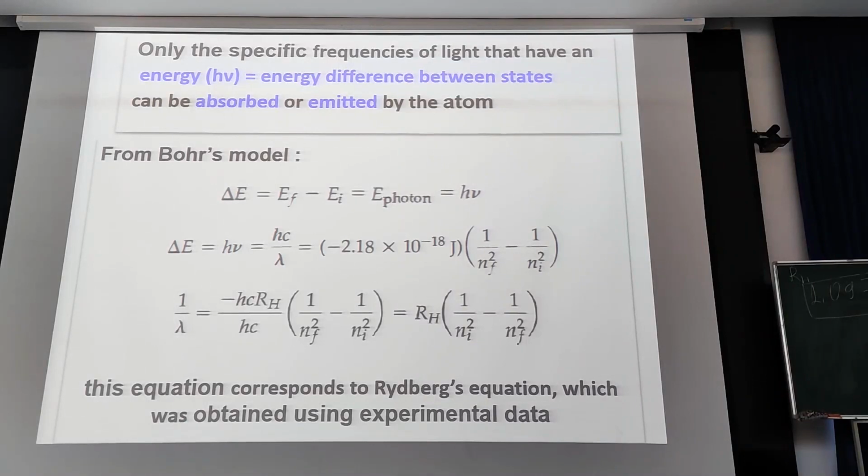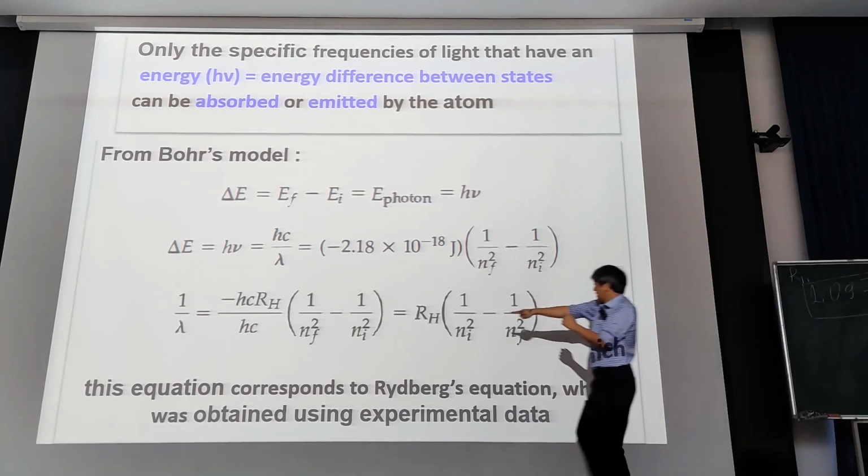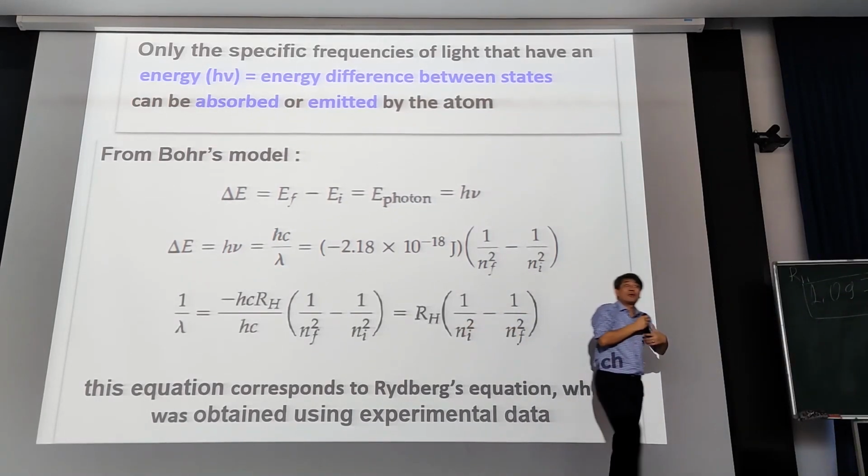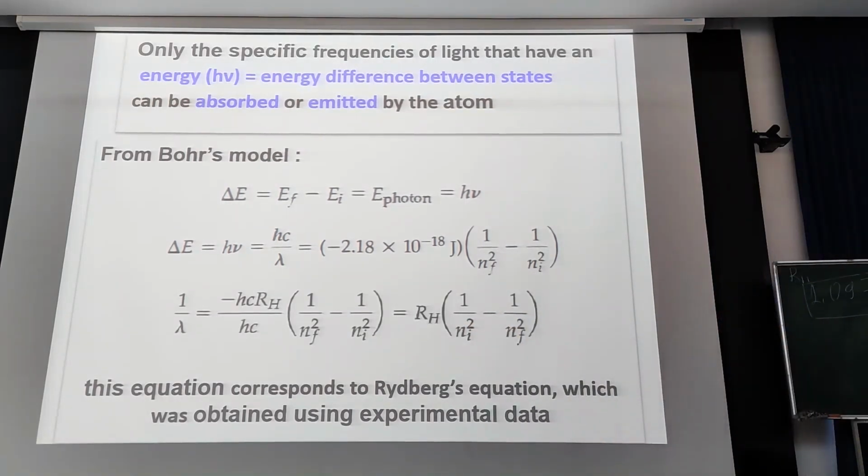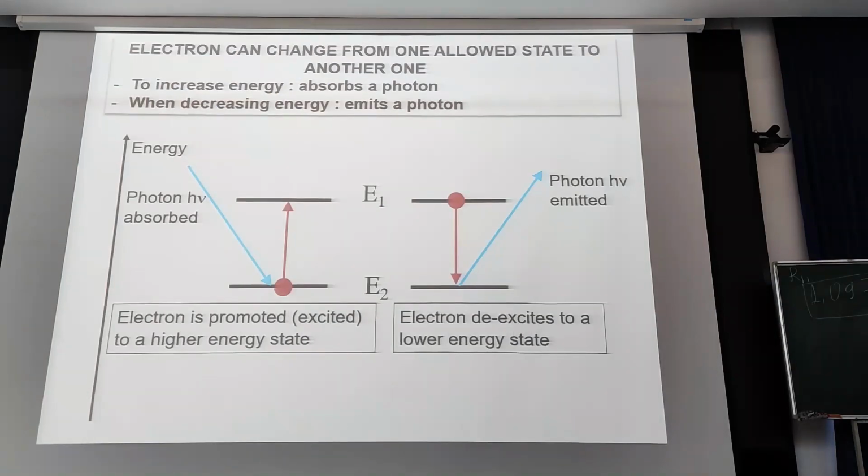So when the electron here comes back to this and emits the photon, that means the energy of this photon is equal to delta E equal to E2 minus E1, right? So you know E1, E2 by the Bohr model, so you can find the lambda here by this equation. It's quite easy. You do the calculation. Okay.